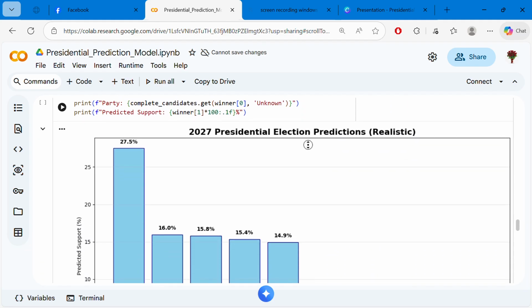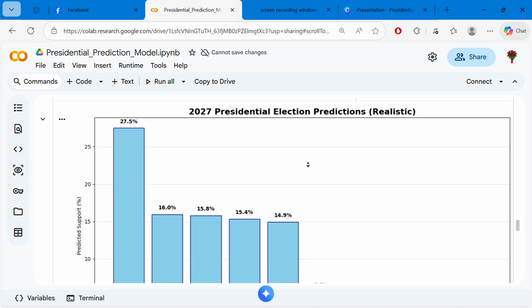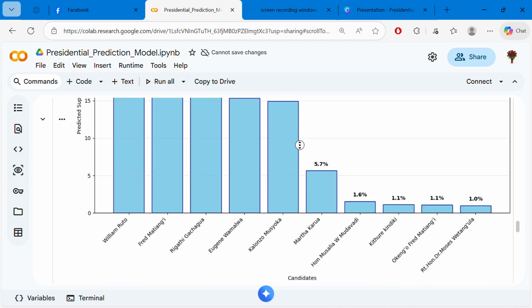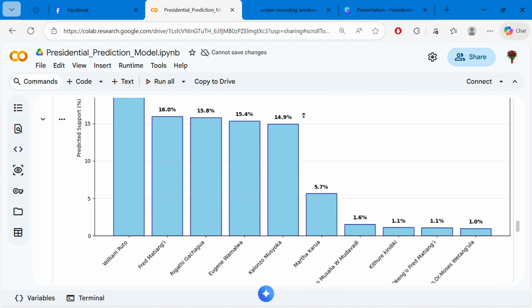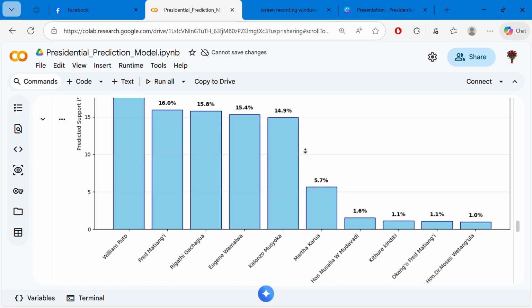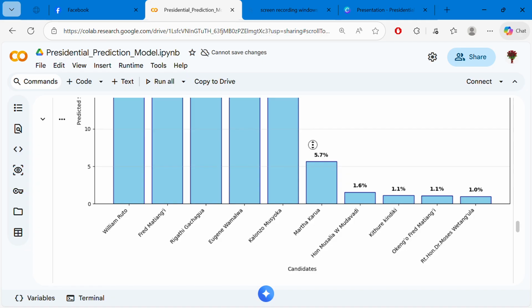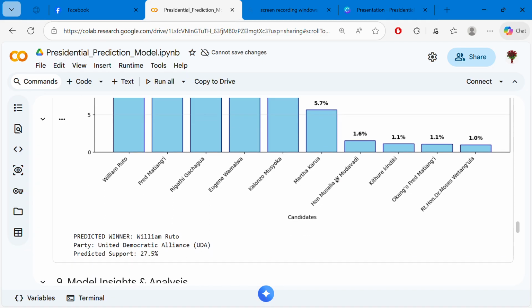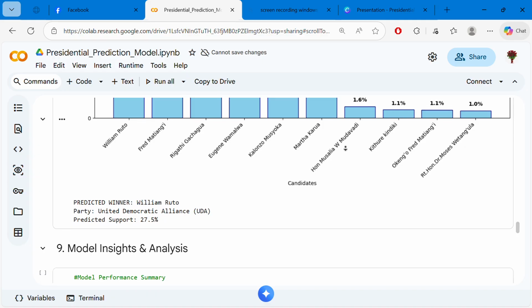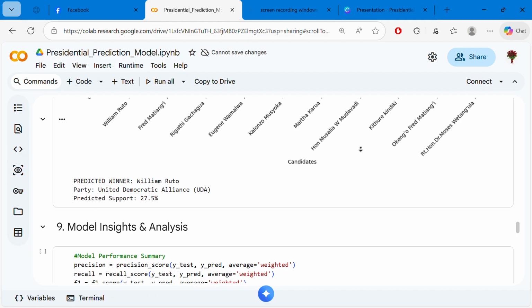For visualization, we visualized the most probable predicted president. As we have seen, William Ruto was the highest, followed by Fred Matiang'i, then Rigathi Gachagua, Eugene Wamalwa, Kalonzo, Martha Karua, Mudavadi, Kithure Kindiki, and finally Dr. Moses Wetangula.